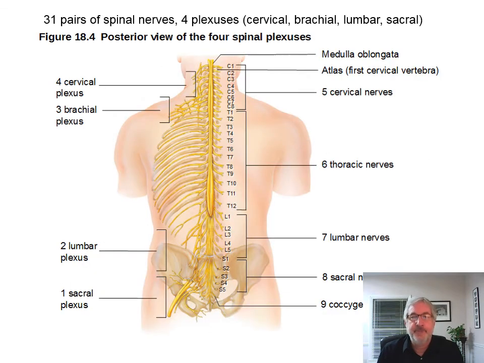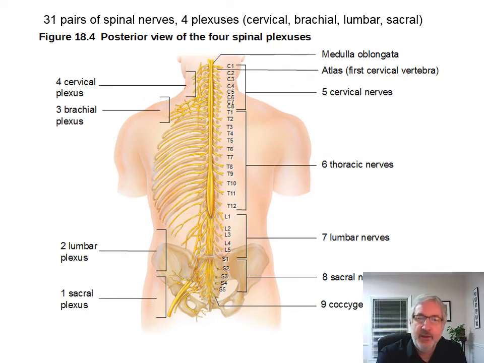All right, next slide. So here's where those plexuses are. On the left side you have the plexuses shown here. We'll look at the cervical plexus up here. You can see how those nerves come together, and then they leave each other again.